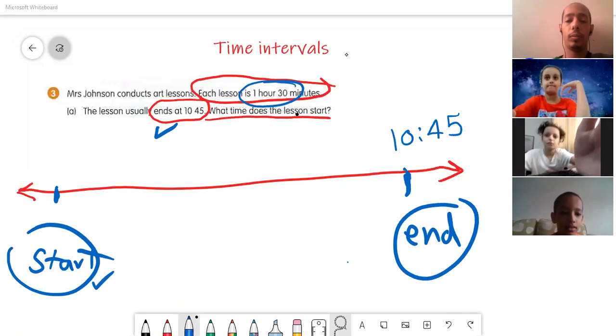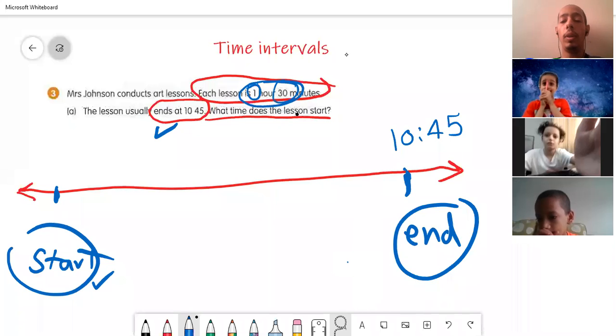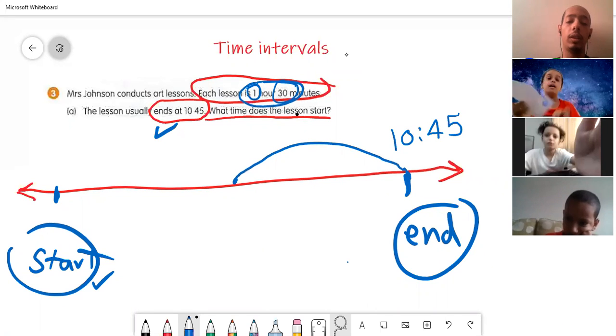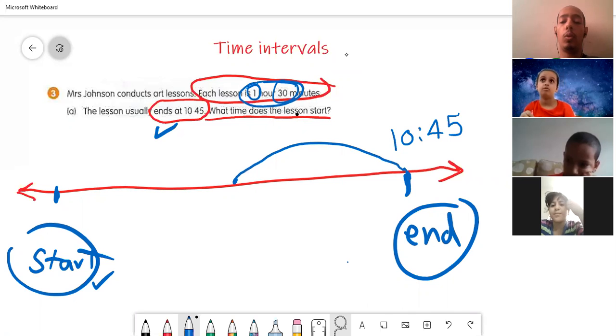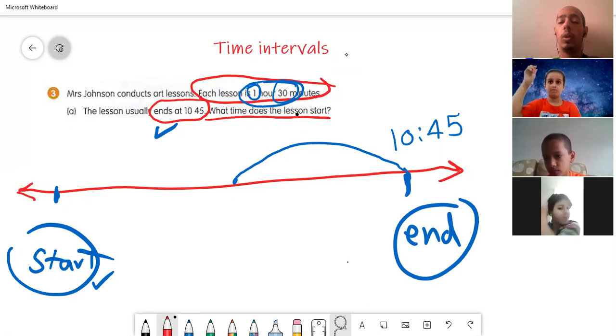So we are going to count back in steps of hours and minutes. So how many hours should we go back? 1 hour. Very good, 1 hour. So what's the time 1 hour before?